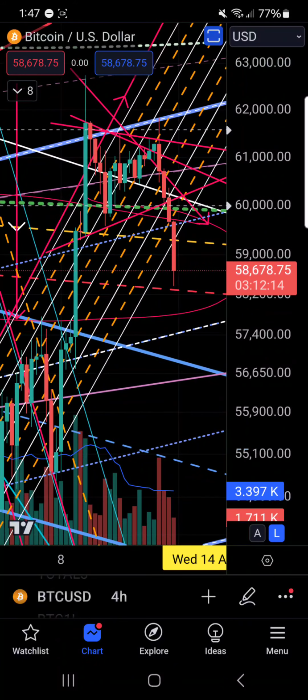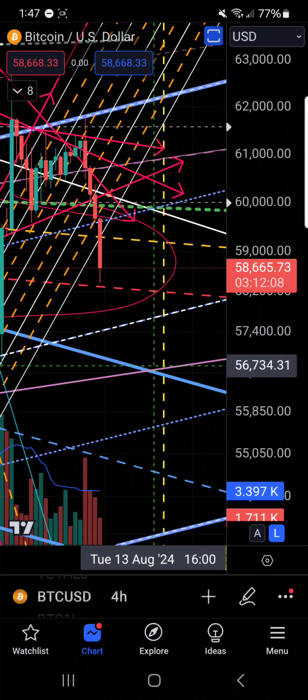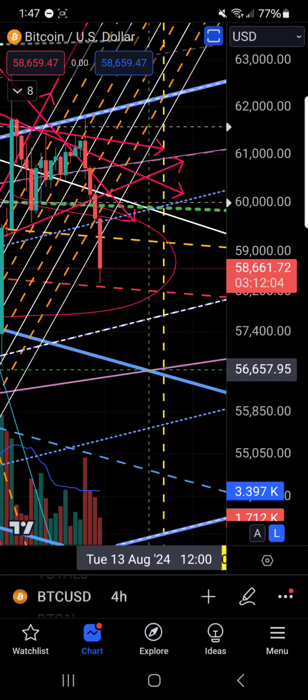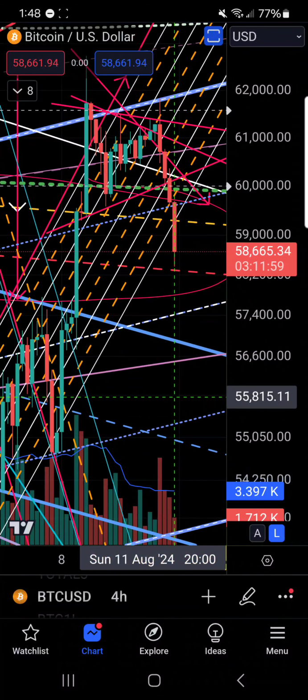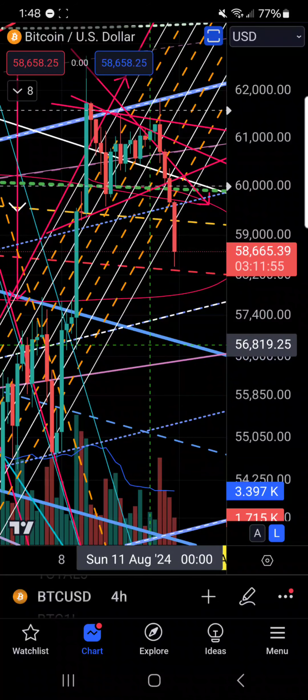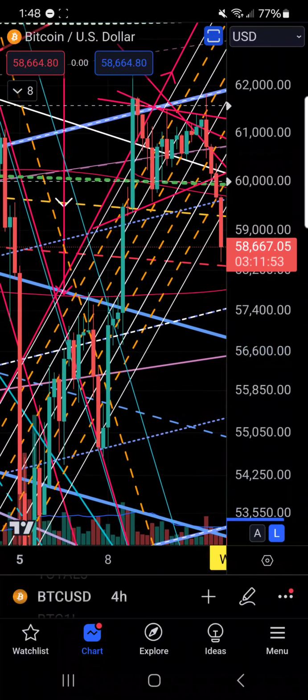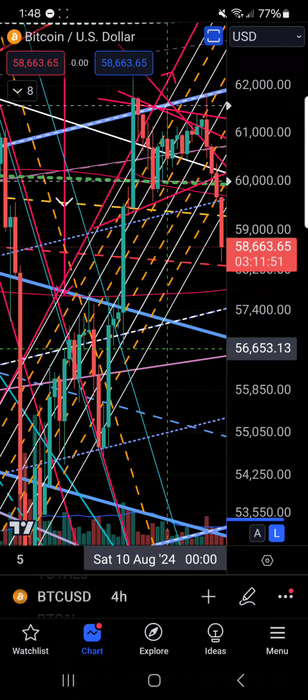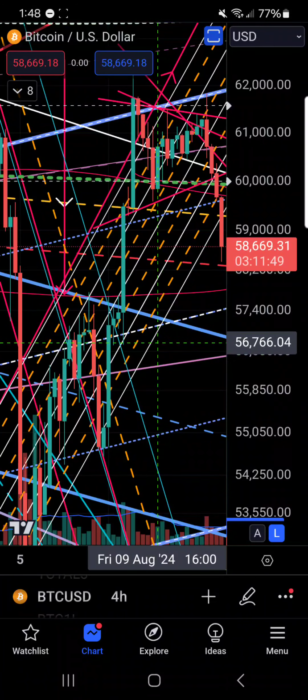So that's very good. Now, could we come back down and retest that at the intersection here? And that would be the 56.6 region. Horizontally, what is that? Yeah, I'm not sure if that would be breaking any horizontal support.